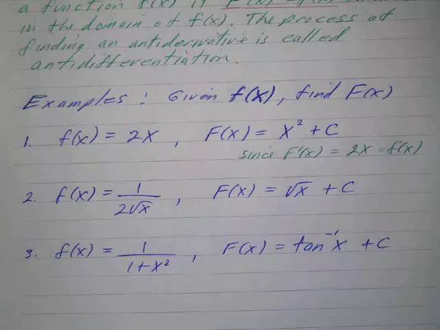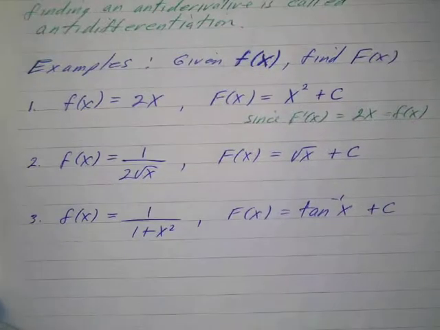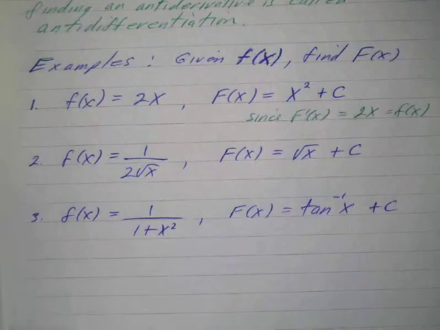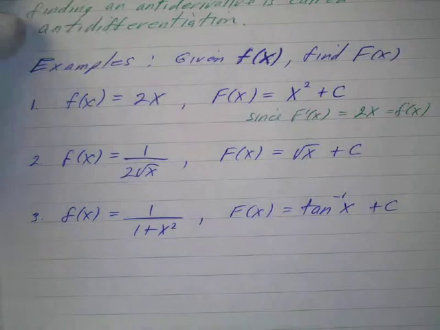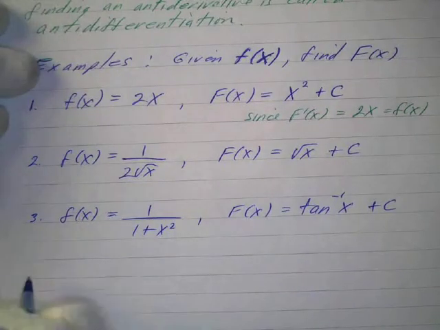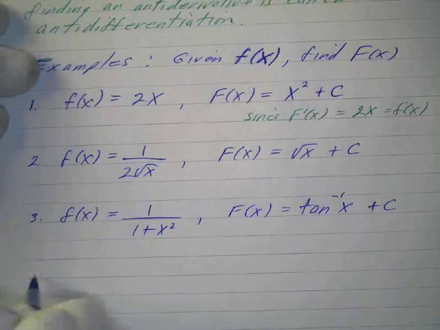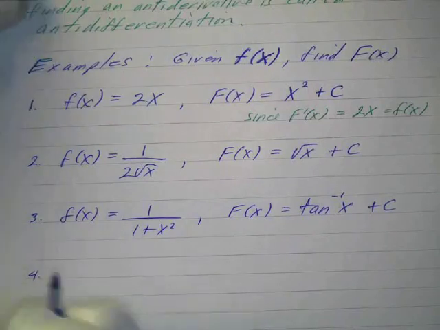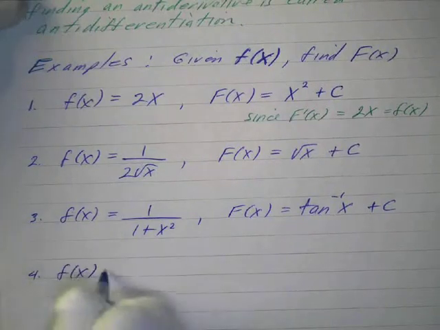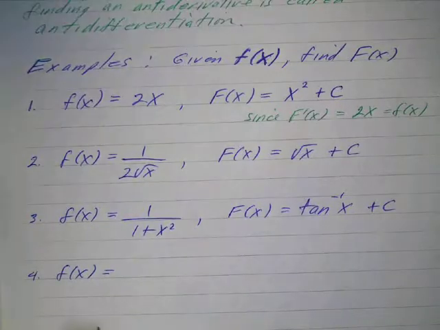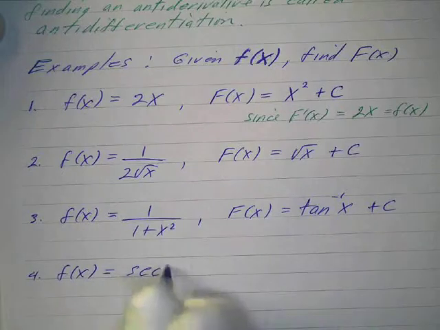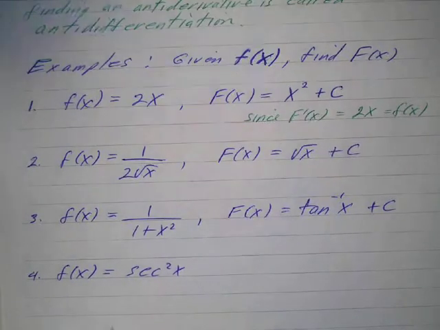Now we'll also run into some problems where they actually give you the initial conditions and you can find the c. Okay. So here's another example. f of x equals secant squared of x.